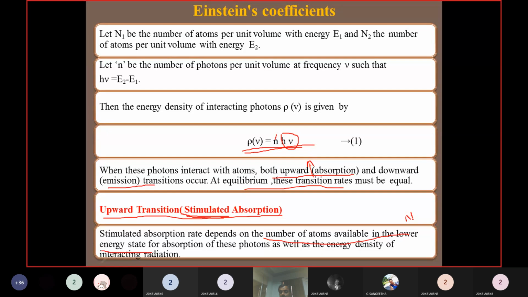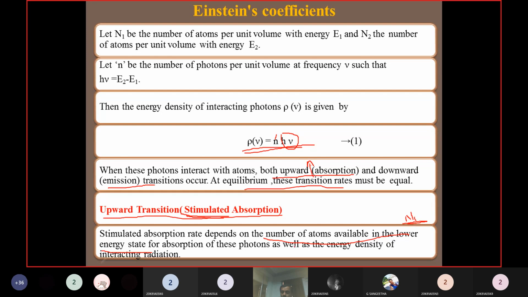There are n1 electrons. We can say atoms or electrons, whichever; the absorption process depends on the number of atoms available in the ground state.